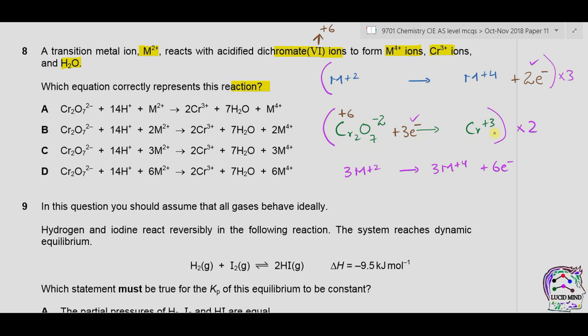Now rewriting the second equation, we have each component multiplied by 2. As we have 2 chromium on the reactant side and 1 chromium on the product side, we are going to multiply 2 with just the product, so that chromium will be balanced. So it will be Cr2O7 negative 2 plus 6 electrons gives 2Cr+3.